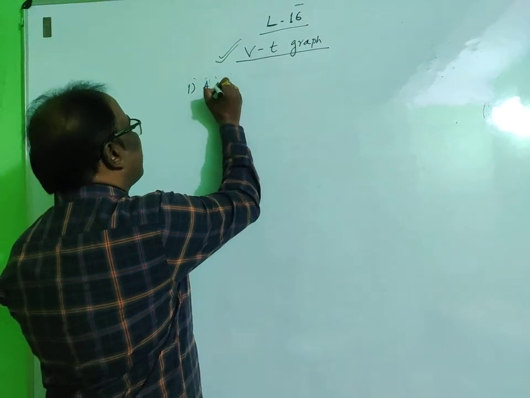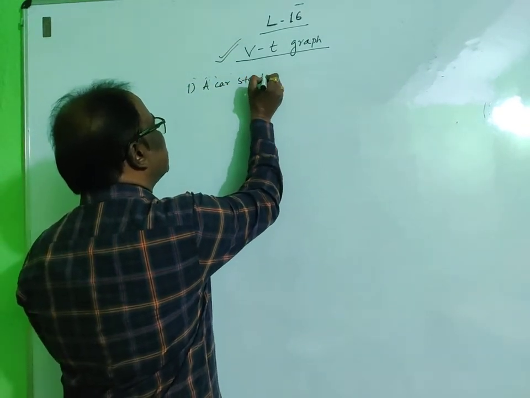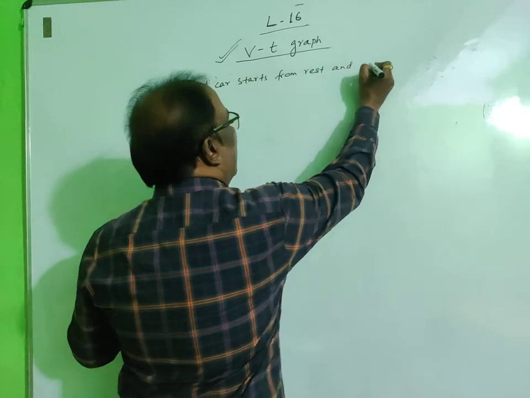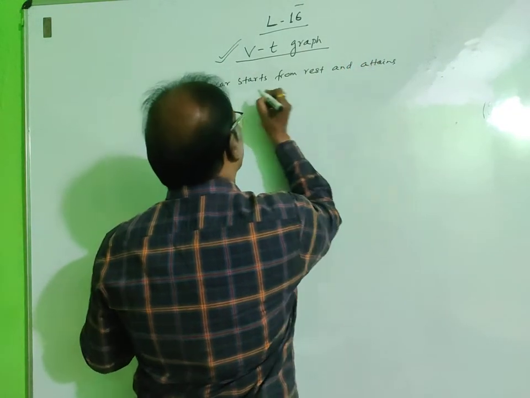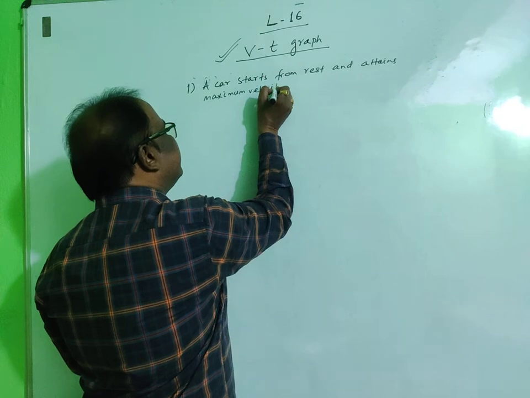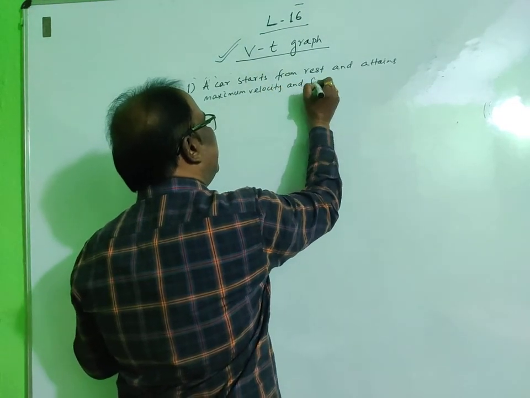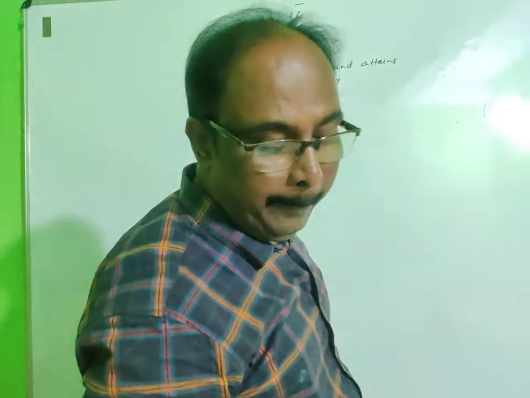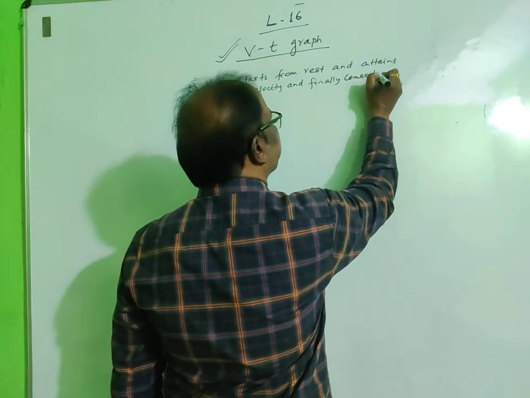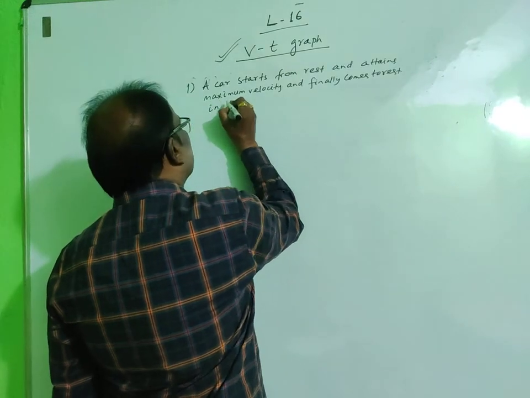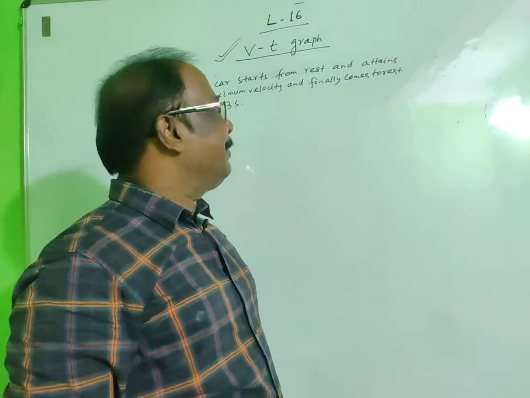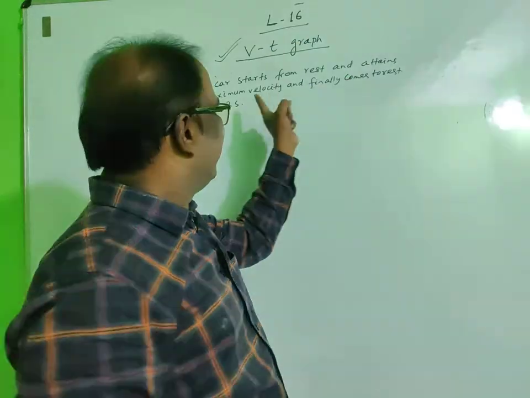Your first question, number 1: a car starts from rest, attains maximum velocity, and finally comes to rest in 3 seconds.